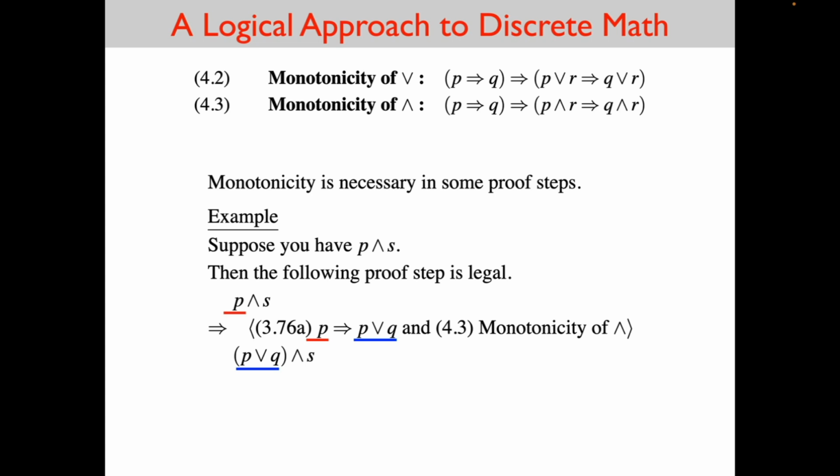The other conjunct is S. So 4.3 monotonicity of and is what makes it legal to replace P with what it implies. So think of it this way. If P implies P or Q, then P and S implies (P or Q) and S. That's what monotonicity of and is telling us.